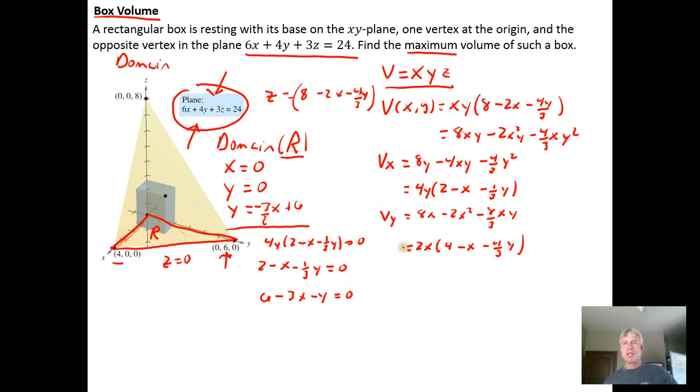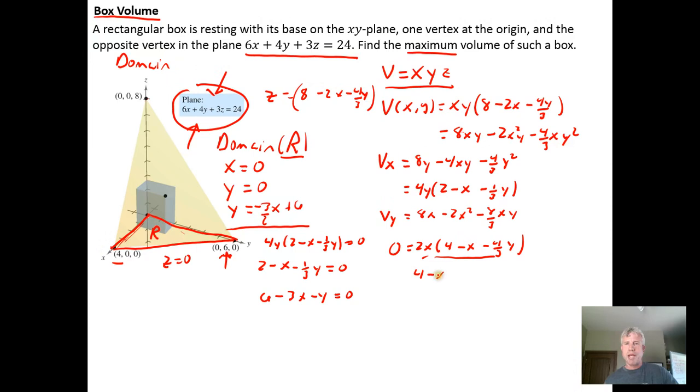And then the same thing here. I've got my partial derivative with respect to y, which we also need to set equal to 0. And this will equal 0 when x is equal to 0. But we know that x equal to 0 corresponds to a volume of 0, so that's not going to be the maximum volume. So we'll take the other factor and set it equal to 0.